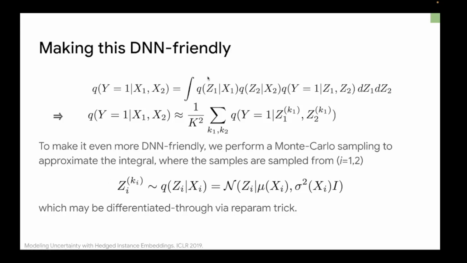Now, you're going to turn this summation here into Monte Carlo estimation. So you're going to sample from Q of Z1 given X1 and Z2 given X2 from the predicted Gaussian distribution. We can do the reparameterization trick again here to make sure that the parameterization and the sampling procedure are separated.